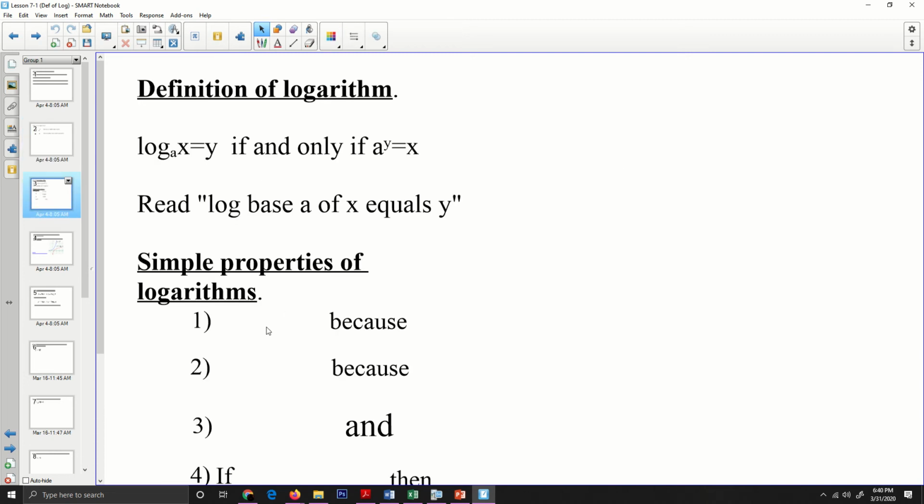So definition of logarithm, log a of x equals y if and only if a to the y equals x. And since it's an if and only if statement, it works both ways. So let's look at it this way. If I said 3 to the fourth equals 81, that would be the exponential form.